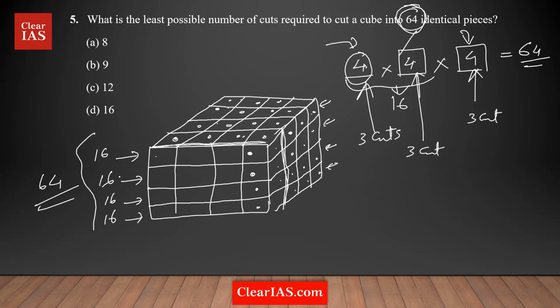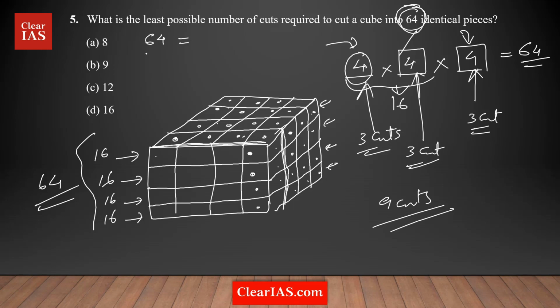So in total, how many cuts did you make here? 3 plus 3 plus 3, that is a total of 9 cuts needed. You don't need to draw it; I just used this figure so that you have a better understanding. The basic thing to keep in mind to minimize the number of cuts is that you need to cut in all the 3 axes. Since you need 64 identical pieces, 64 should be written as a cube of a number, because in all the axes there should be the same number of pieces.